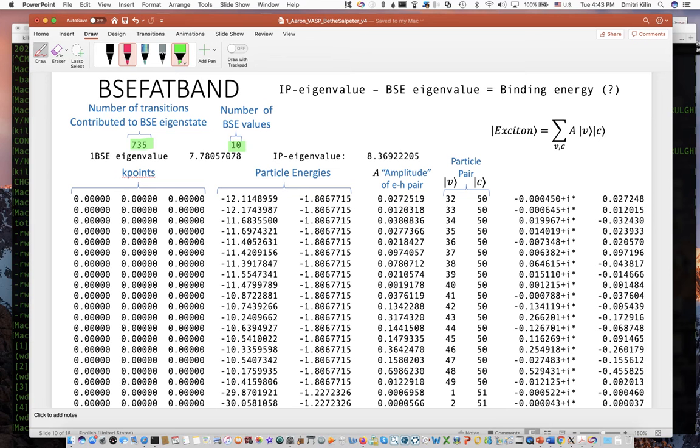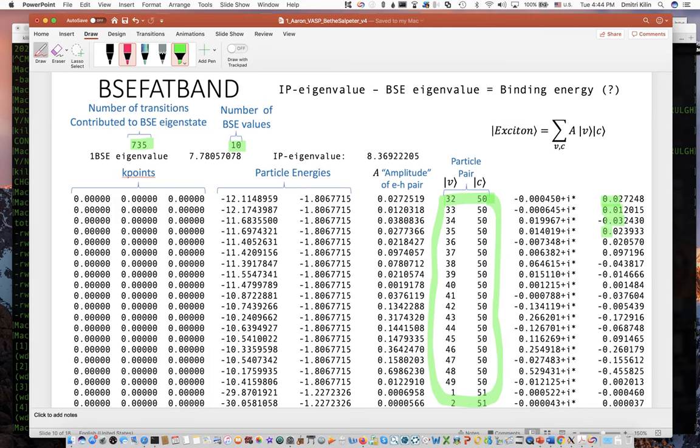Okay. So this tells that lowest, and what is shown on the screen is only for one excited state, right? Yes. All these pairs of orbitals contribute to one exciton with these expansion coefficients.